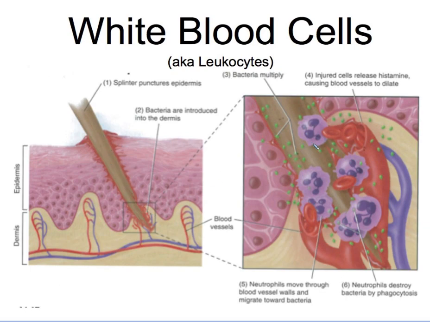It's got bacteria on it, and you have histamine being released along with your different white blood cells, which are working to neutralize the bacteria and destroy them. These are neutrophils, which are looking to find and destroy the bacteria, the green dots that are now in your body because of the splinter.